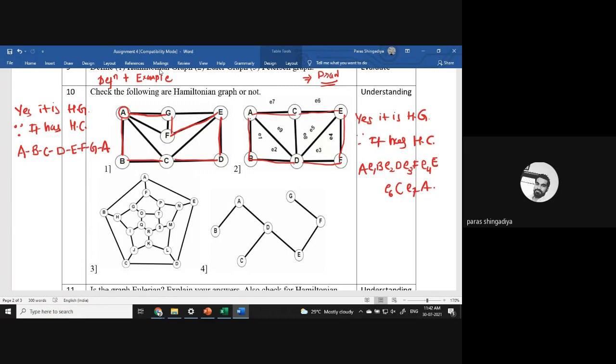It is one of the complex graphs, which includes 20 vertices, I think. It is a complex situation. Now we have to check whether we can find such a route which covers every vertex exactly one time and again reaches back to the starting place. That is your aim. Clear?